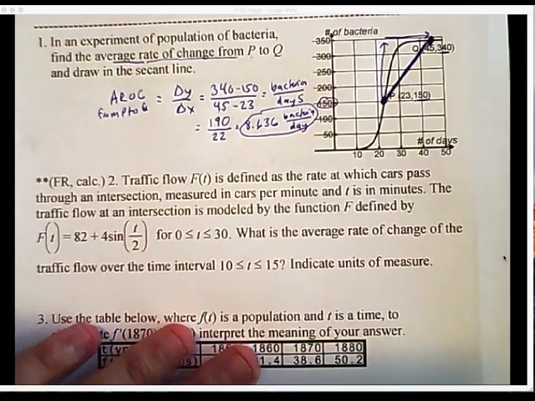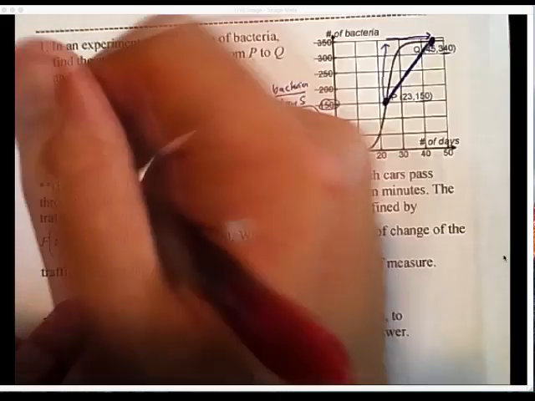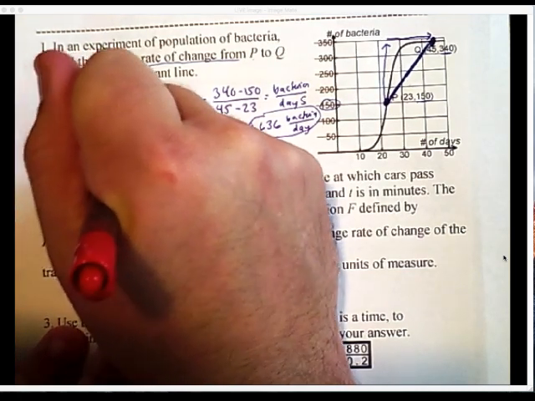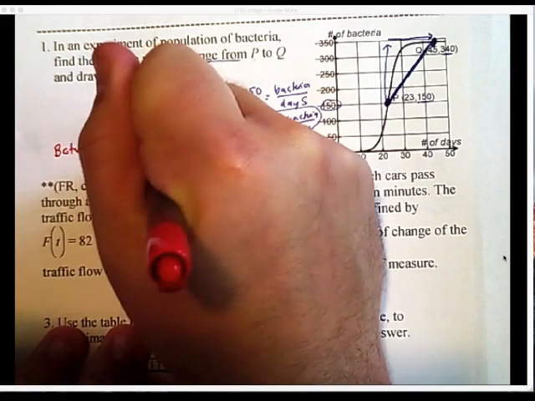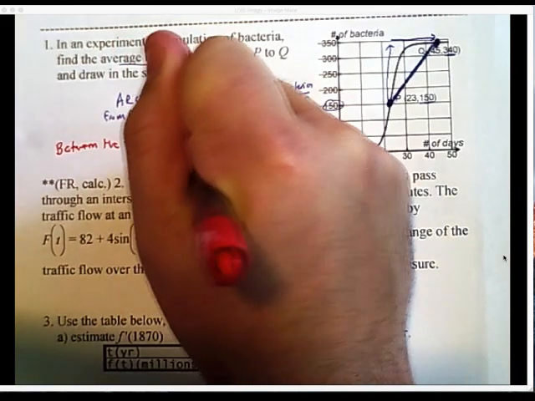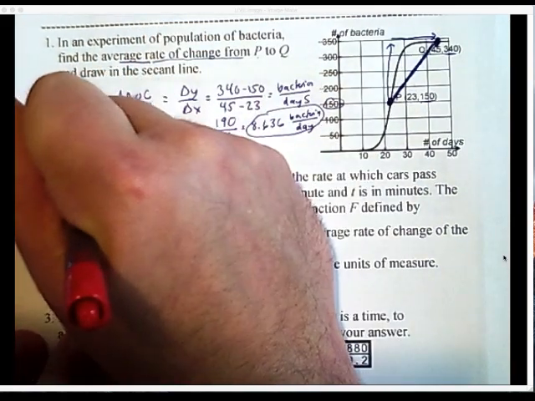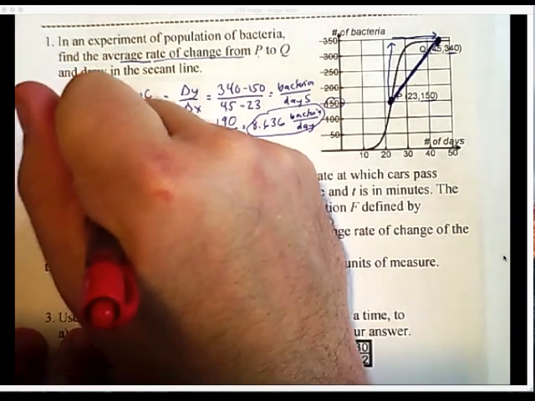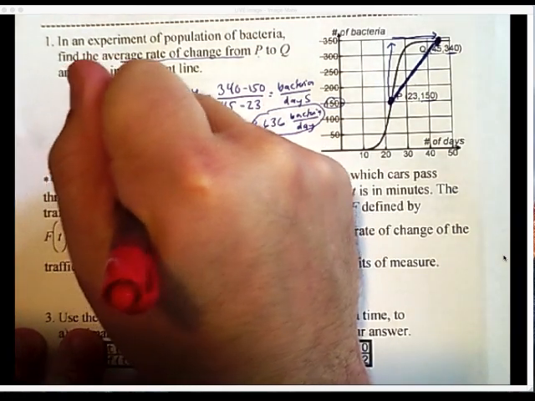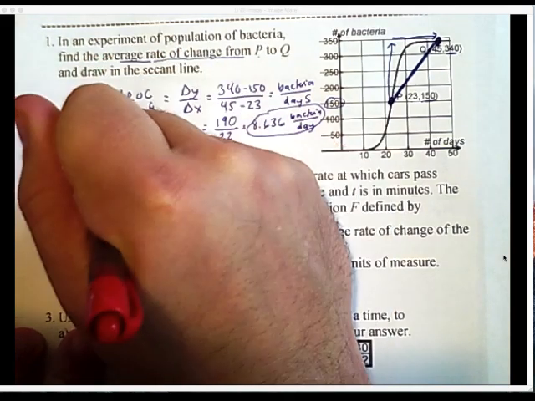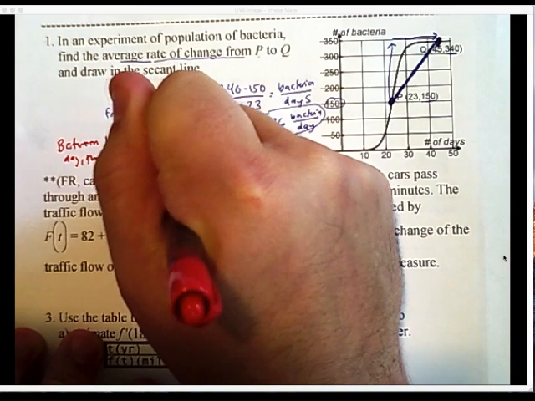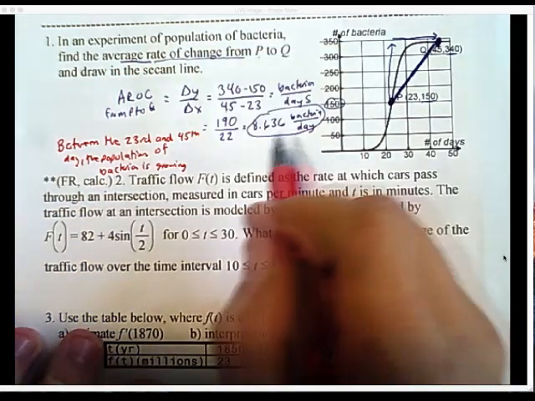Okay. So what's the meaning of this? Here's the meaning. Between the 23rd and 45th day, the population of bacteria is growing because that number is positive.